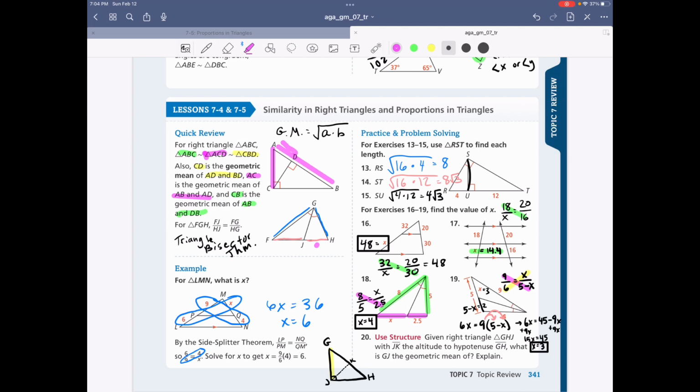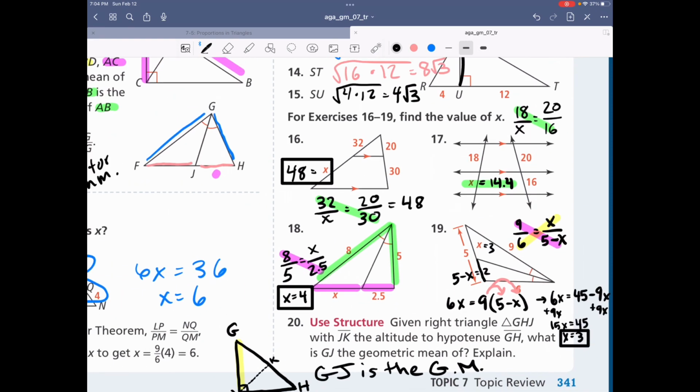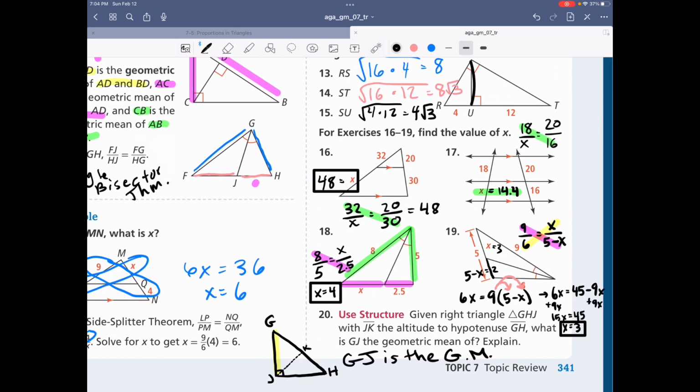So I'm going to say that GJ is the geometric mean of the whole hypotenuse, GH, and this piece here, GK. And that's all we need to do because they didn't give us any numbers for us to plug in. So you can just say that.